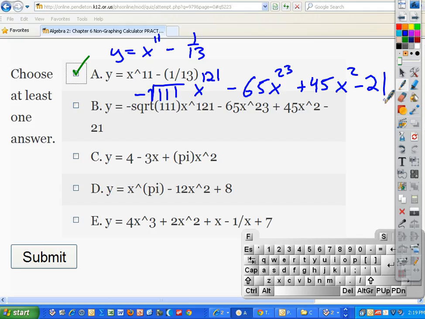But that one's okay, because that's a number. Square root of 111 is just some number times negative 1 makes it negative. Big deal, right? It's like 11.7. It's going to be a little less than 11, like 10.72, something like that. And then all these exponents work, right? So that one's okay. All right, that goes.